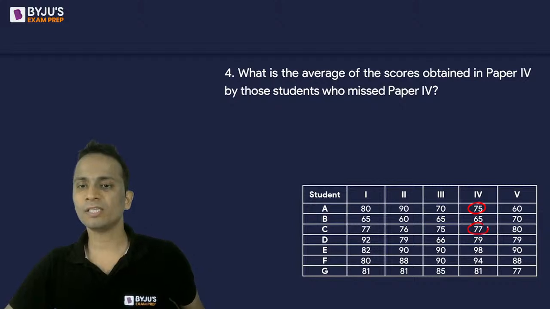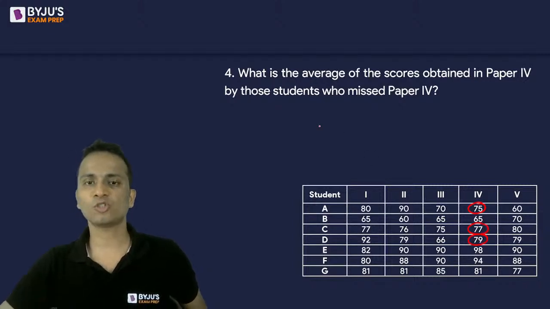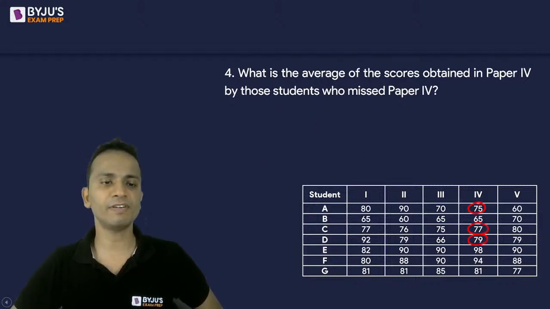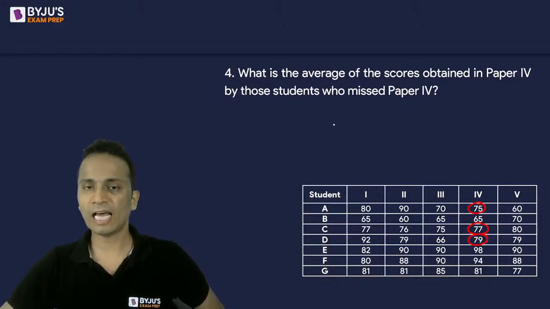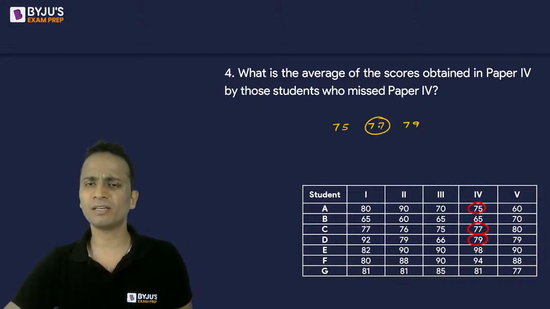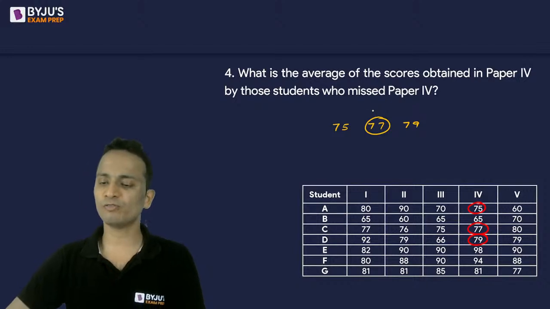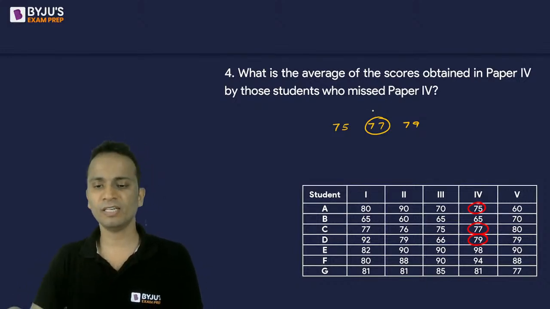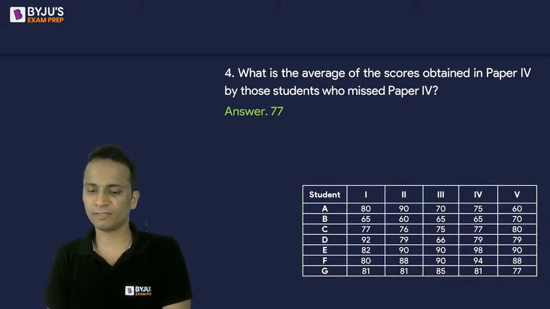This one, this one, and this one. The scores are 75, 77, and 79. The average of these three numbers, 75, 77, and 79, they are in AP, so the middle term is 77. So the average of these three papers is 77, and hence it should be the correct answer.